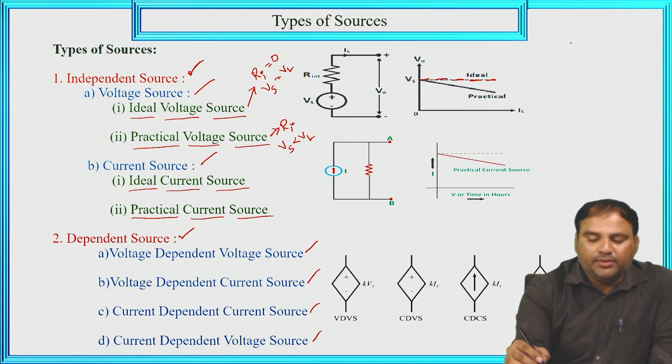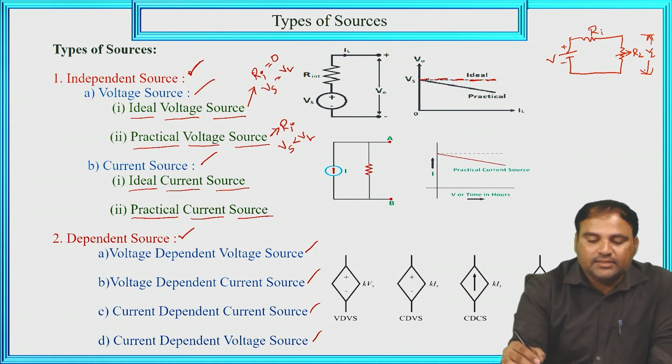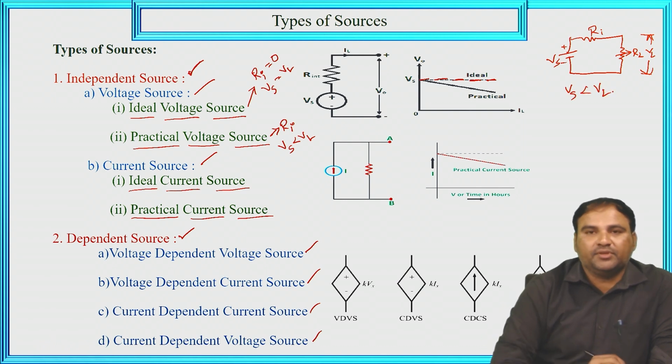For example, I'm taking one circuit here. There is the load, here is the internal resistance, the source voltage is Vs, and the voltage drop across the load is VL. So in this case, the condition is Vs is less than VL.